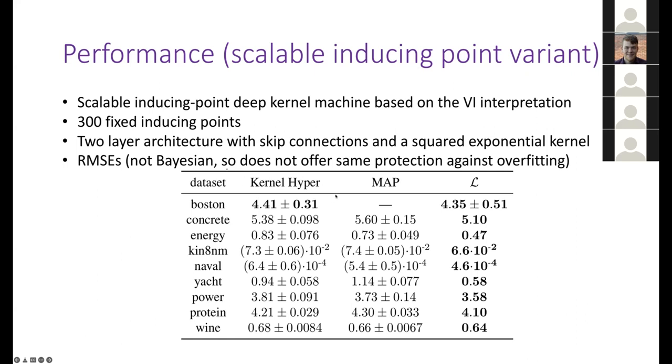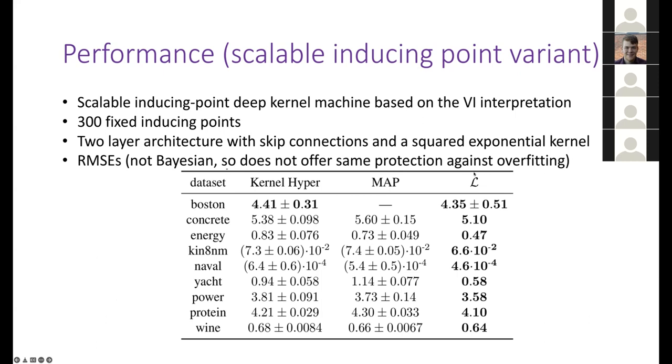On the left here, we're just doing kernel hyperparameter optimization. So there's none of this optimizing intermediate layer kernels. MAP is then maximum a posteriori inference over those underlying features, either in the deep neural network or the deep Gaussian process.